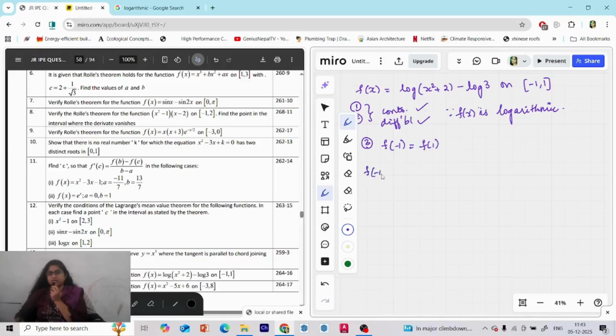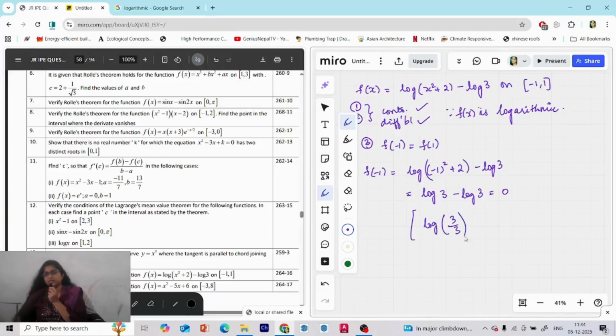Okay, so let's see what is f of minus 1. F of minus 1 would be log of minus 1 whole square plus 2 minus log 3. That's nothing but log of 3 minus log 3, since 1 plus 2 is 3, which is going to be 0. Or you can just do log a minus log b is log of a by b, so log of 3 by 3, the log 1, which is 0.